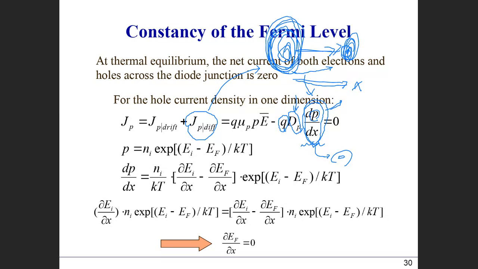Now, if p goes from high to low, then this value turns negative. So to represent that movement from high to low, we put the negative sign in here, to represent that the diffusion happens from high concentration to low concentration.